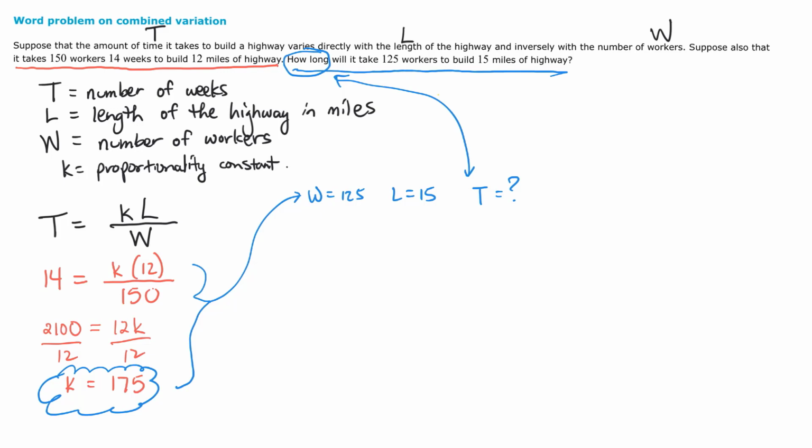Once again, we could use this relationship. T is equal to K times L over W. Let me write that a little bit neater. And we also know that K is 175. So T is equal to 175 times L, which is 15, and then over W, which is now 125.